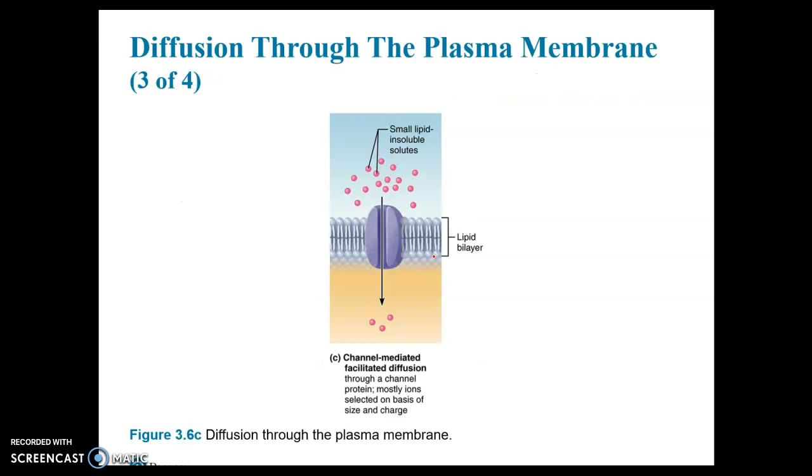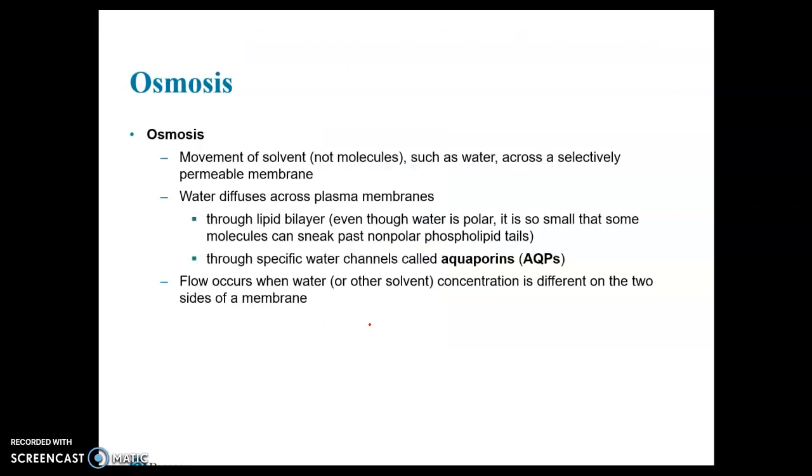But these are channels that are just open channels that allow the substance to move. These are going to be water-soluble substances. They'll either be polar covalent substances, or they will have a charge, or be ionic, but they move from their high to low concentration through a channel protein.